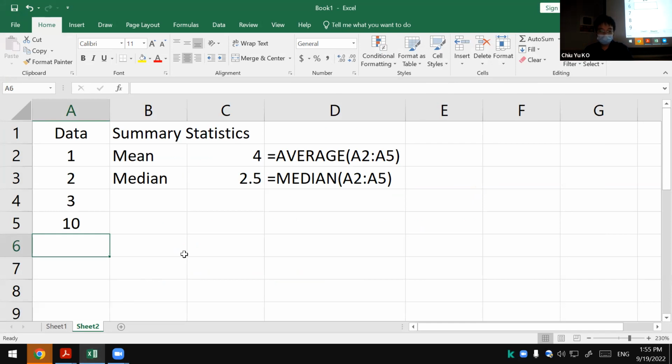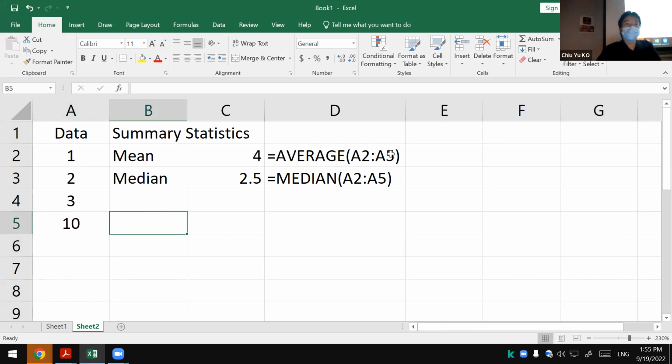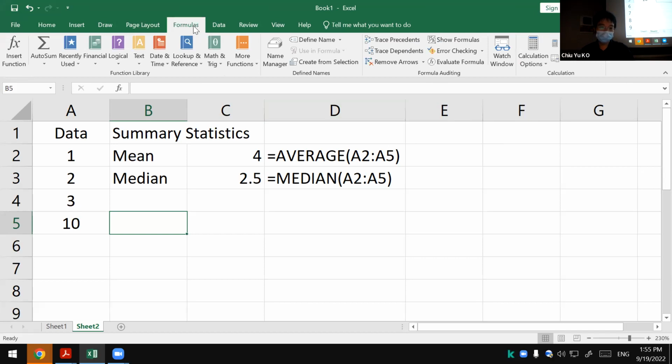So the next thing I want to show is, for our purpose, it is easier when we have the data: instead of calling A2 to A5, is there any way you can make a name so that you can refer to it easily? I think that would be more important. It's under Formulas, and we call it Define Name.